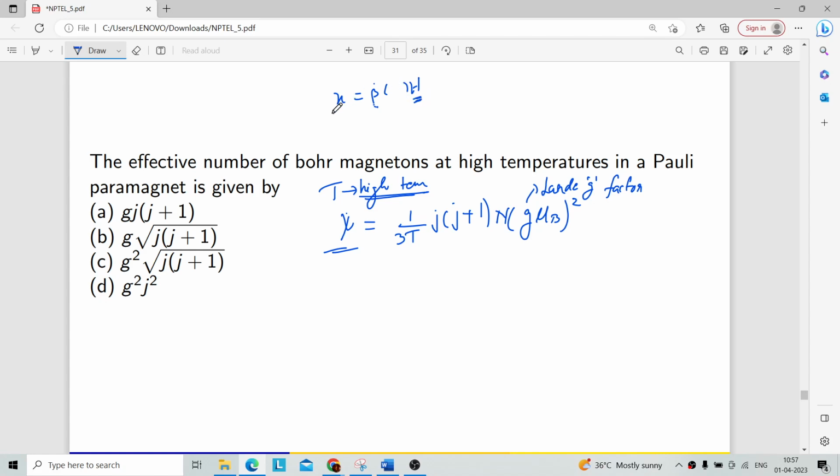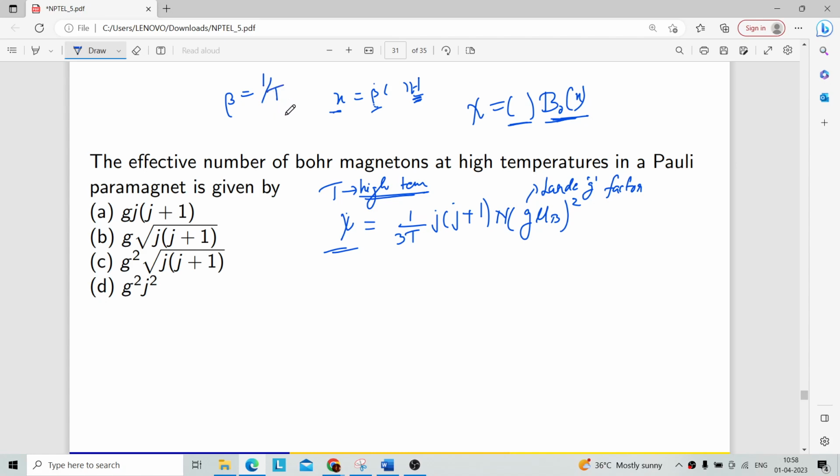This X was some function of beta and H. What is beta?